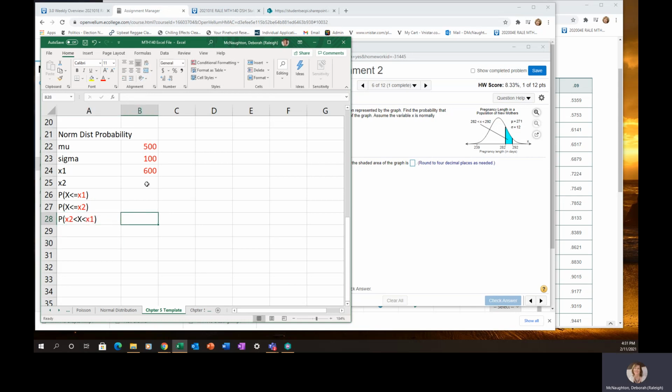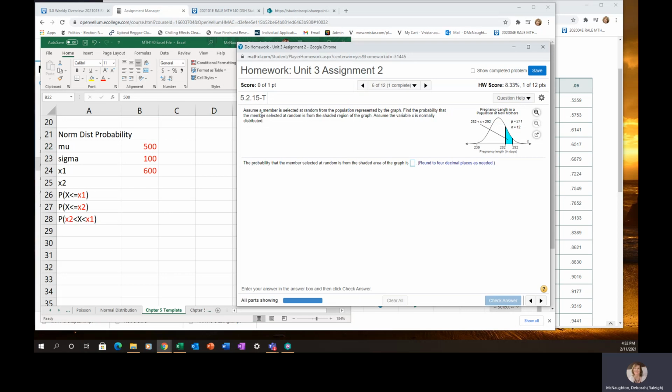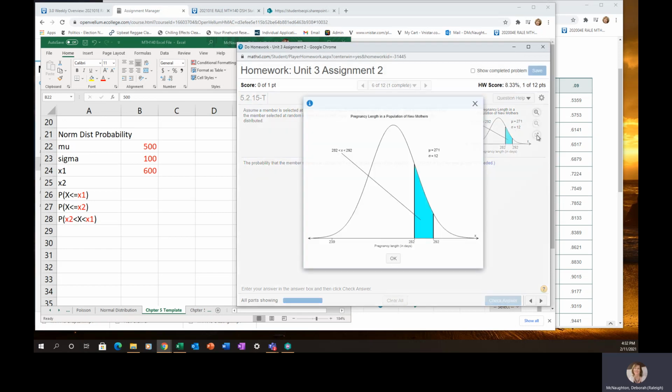Okay. All right. So here, assume a member is selected at random from the population represented by the graph. Find the probability that the member is in the shaded region. Assume X is normal. Okay, so I'm going to pop this out just so I can see it better.